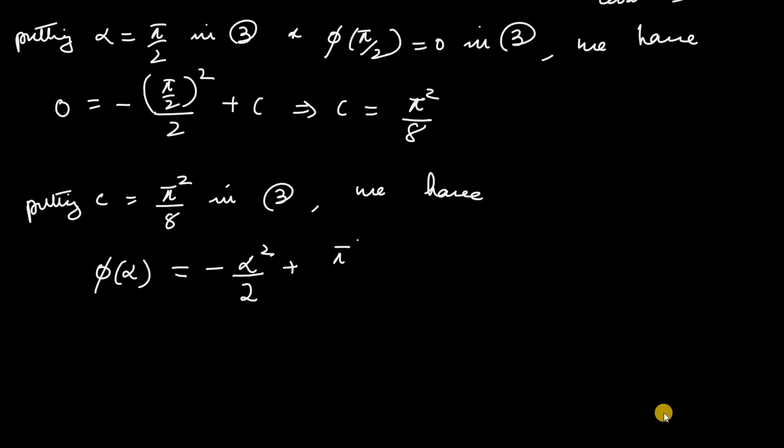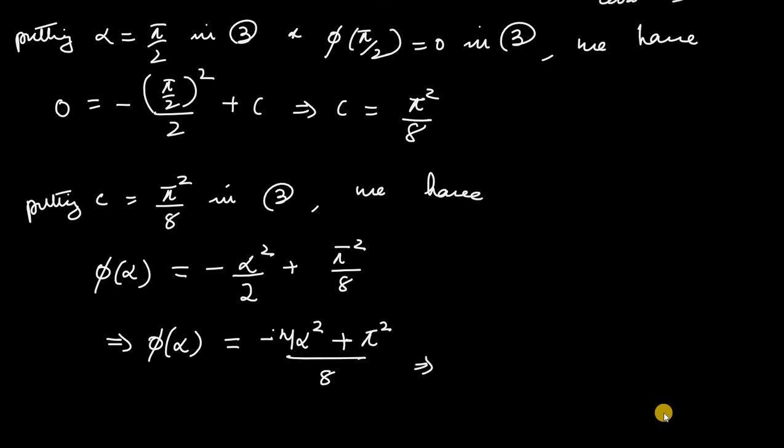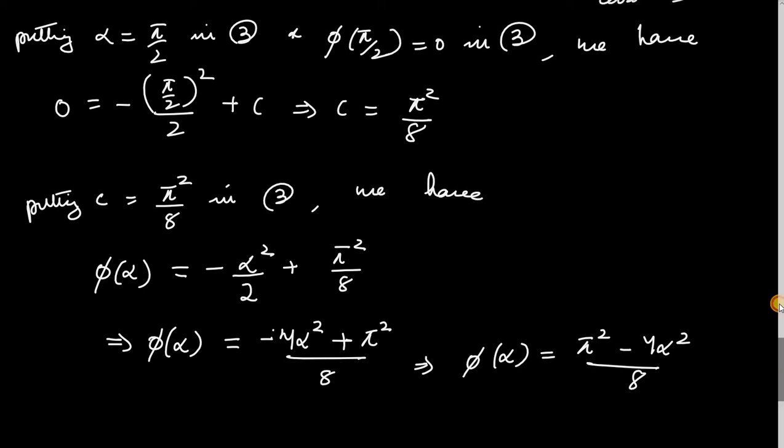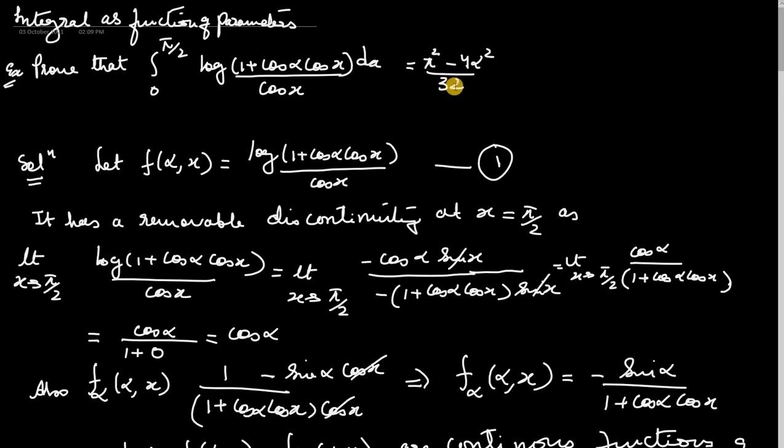What is c? It is pi square by 8. Take the LCM, it gives you phi of alpha is equal to minus 4 alpha square plus pi square divided by 8, which implies that phi of alpha, you can simplify, you can write it as pi square minus 4 alpha square by 8. Please correct in the statement of this theorem I have mentioned, it should be not 32, it should be 8.